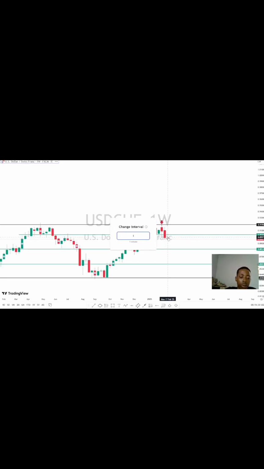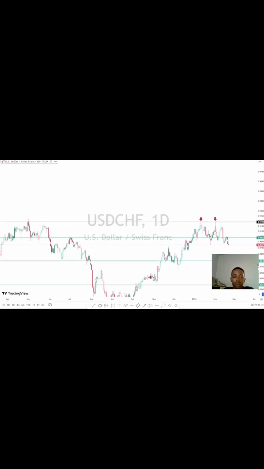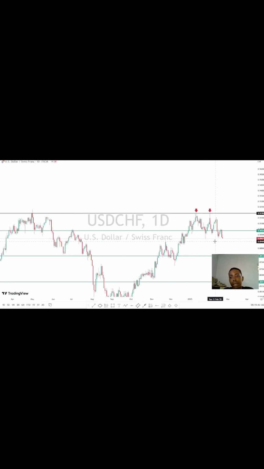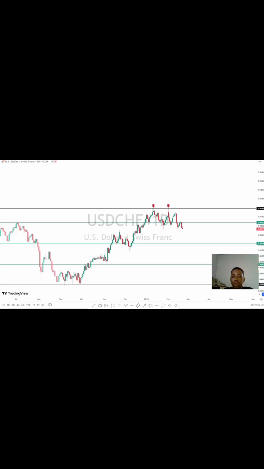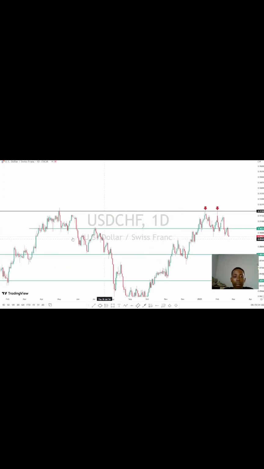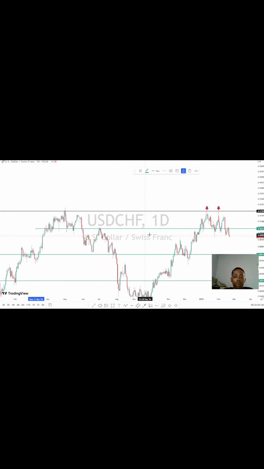So I scale down to my daily time frame. As you guys can see, very neat, very clean setup. So I'll go ahead and clone my market. I have to lock it. You can see the double top, the market pushed all the way to the resistance, pushed back to this.